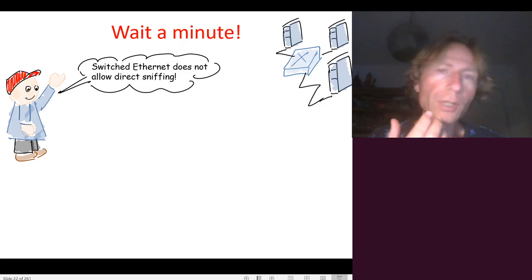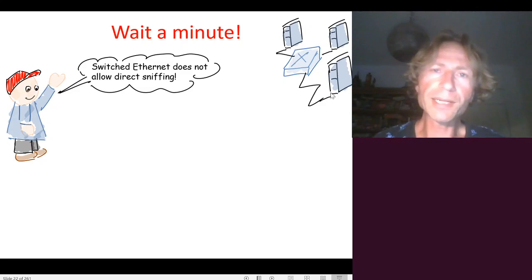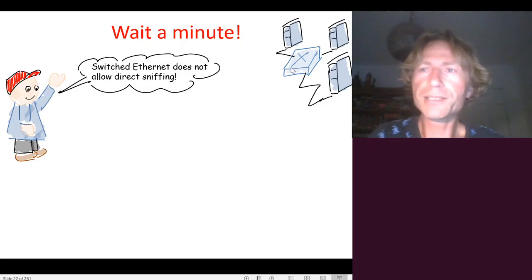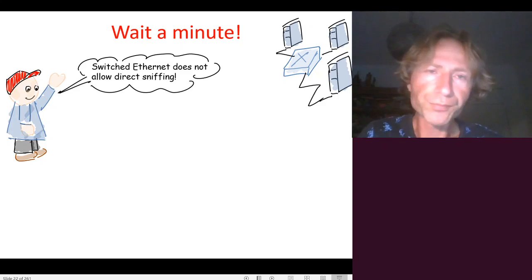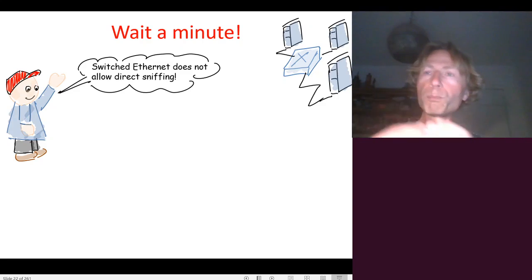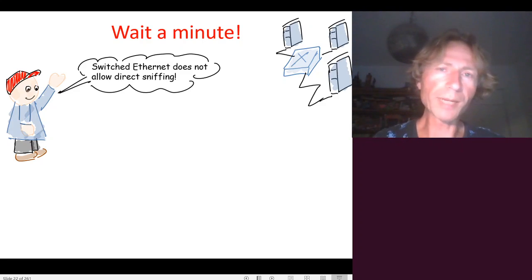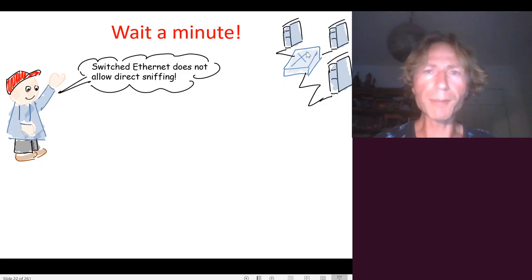Now, what is going on when we say this is switched Ethernet? Well, this switch has a switch table, and the switch table records a mapping of port numbers and MAC addresses. It's something that you don't have to configure. It will automatically construct this. You will probably remember this from your computer networks courses.